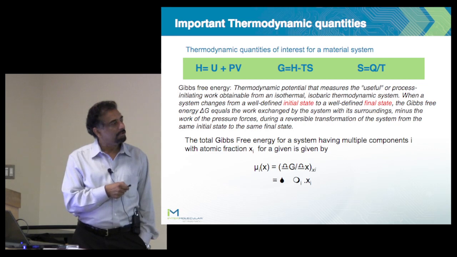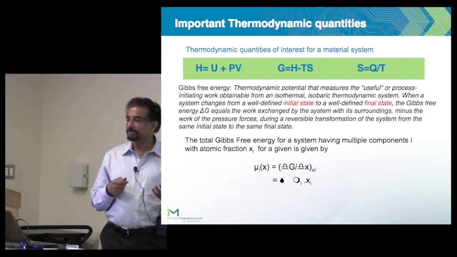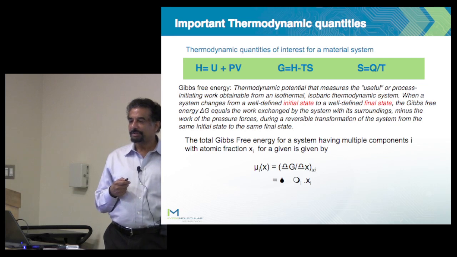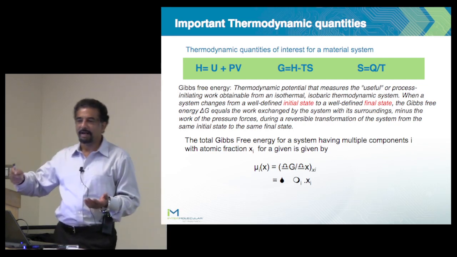But all you really need to know is that the reason we talk about the Gibbs free energy is that it is an idea of the useful work. So if there is a net change in the Gibbs free energy in any process that is negative, then it's going to happen. Most of you have done elementary mechanics, right?